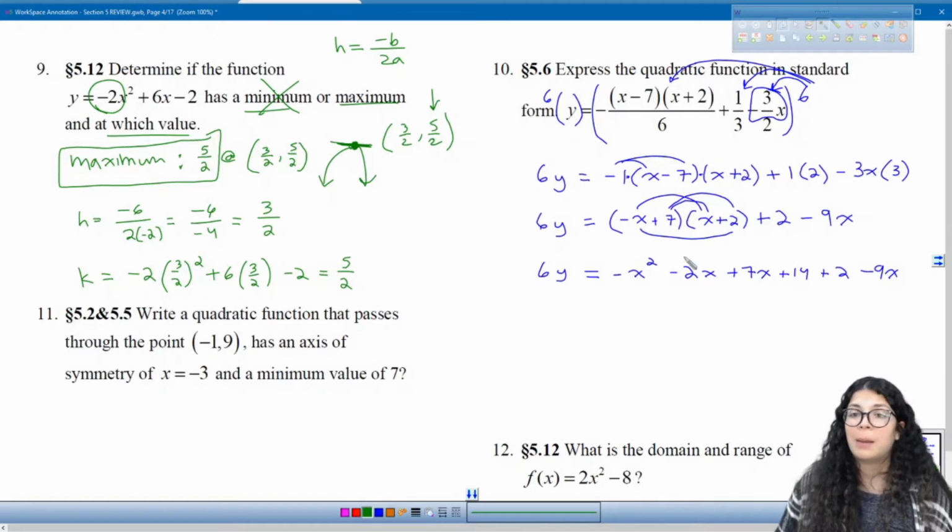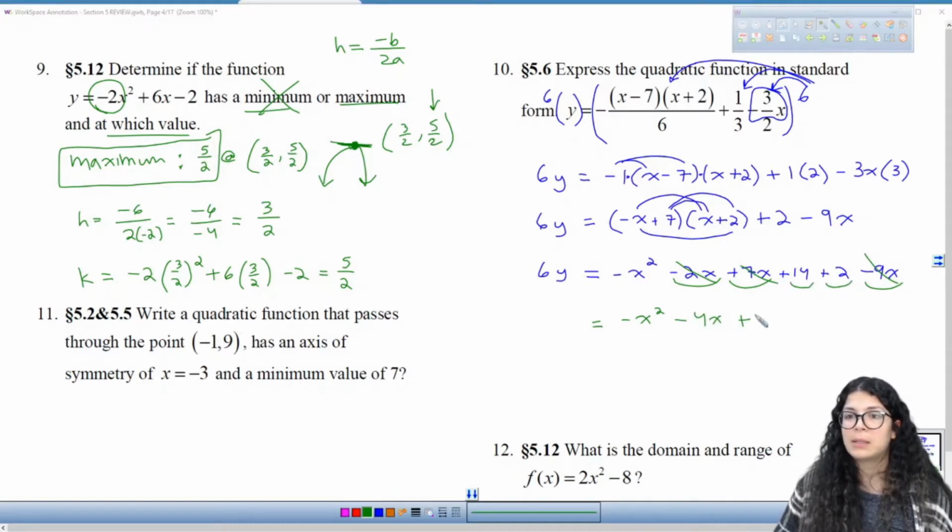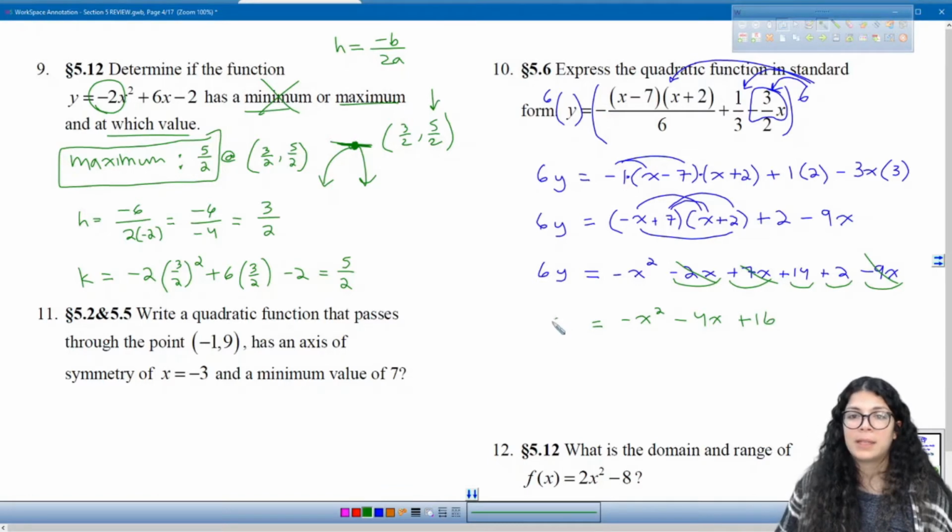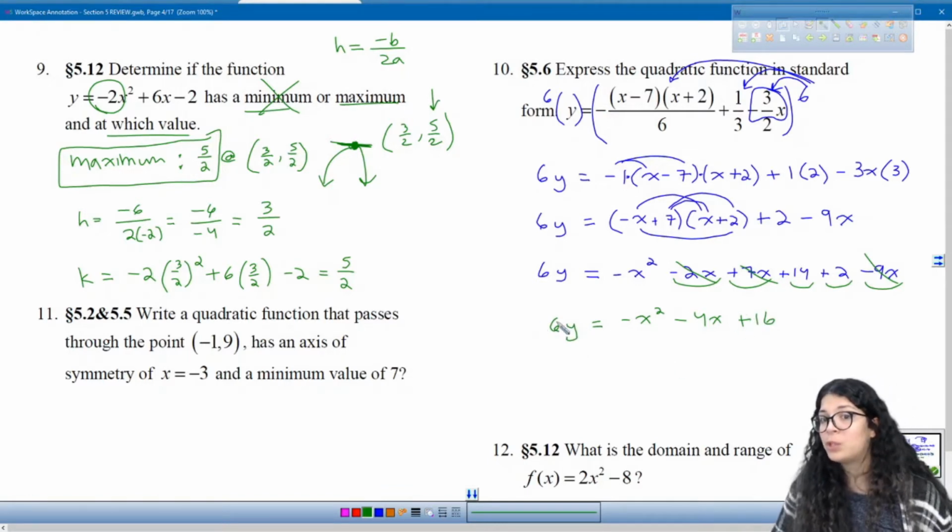From there, let's go ahead and combine like terms. Negative x squared we can't combine with anything, but we can combine negative 2x plus 7x is 5x, and 5x minus 9x is negative 4x. Lastly, 14 plus 2 is 16. On the left-hand side, bring down your 6y. Now, obviously, this is almost standard form. We just need to get y completely by itself, right?